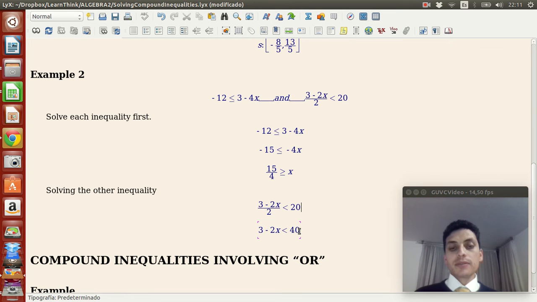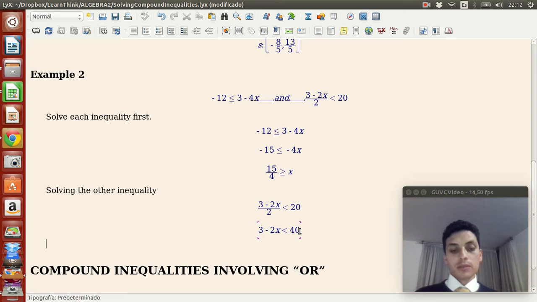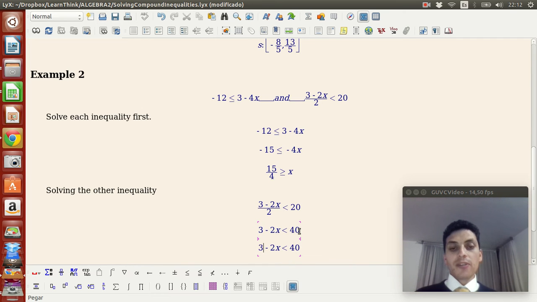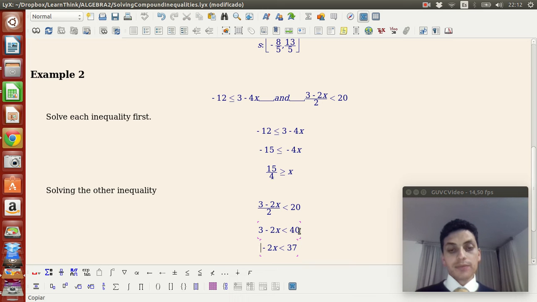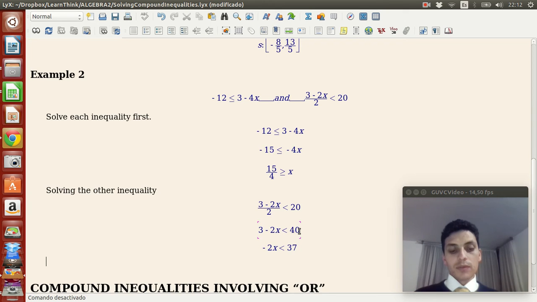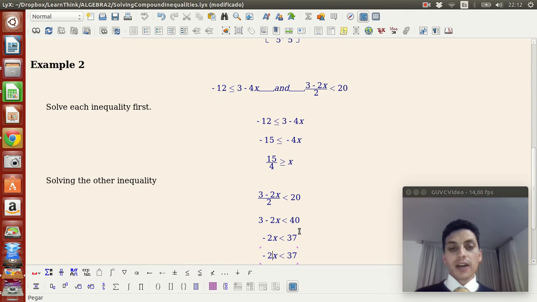Now we can subtract by 3, so 40 minus 3 is 37. And finally, we're going to divide by -2.